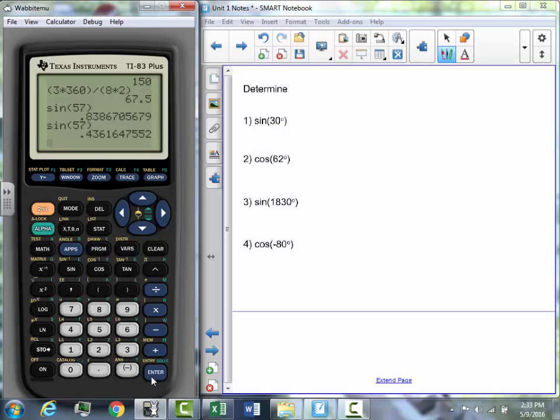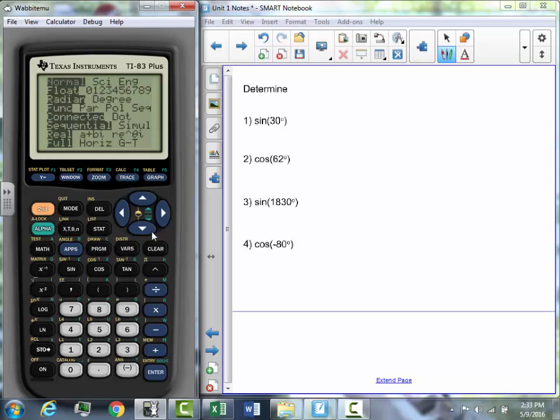But since 57 is about 1 radian, if I do the sine of 1 radian instead, then these two numbers are actually about the same as each other. So you have to be pretty comfortable toggling back and forth between degrees and radians, because you're probably going to be assessed on either, maybe even both at the same time.